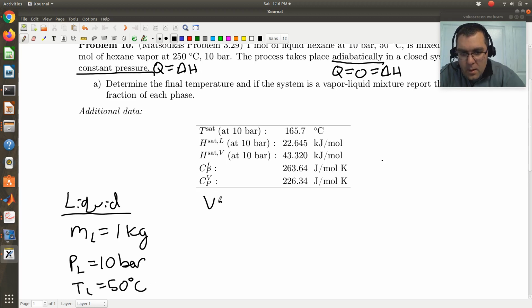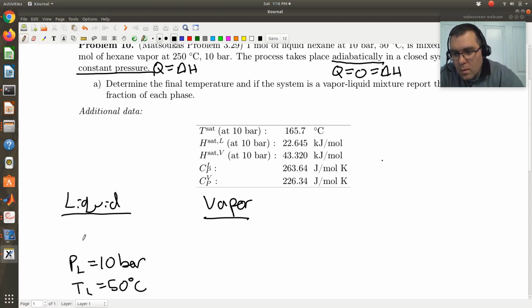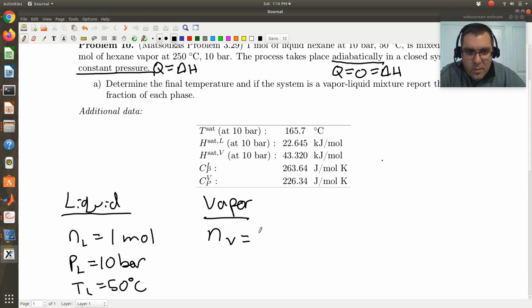Then we have a vapor. Oh, and it's not mass, we're dealing with moles here. So the number of moles of my liquid was equal to 1 mole. Then for my vapor phase, the number of moles of my vapor is equal to 2 moles.